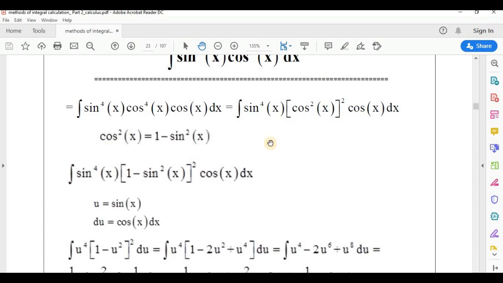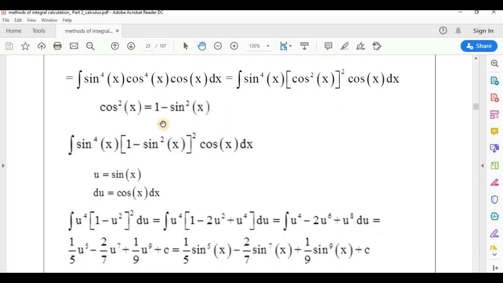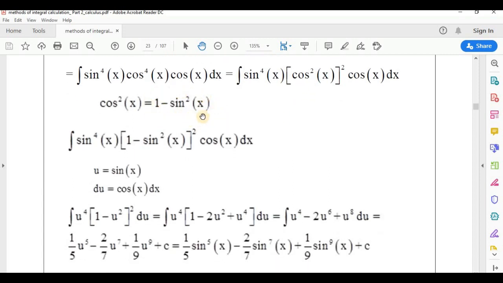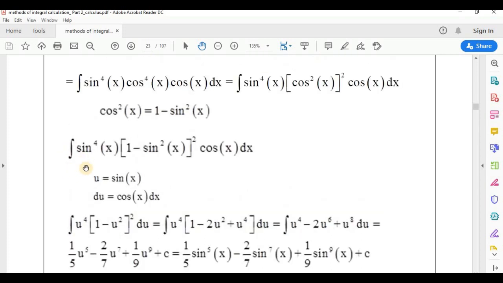From our relationship, cosine squared plus sine squared equals 1, we will get the cosine squared. Then we will substitute this value in the integral. We will get this integral: sine to the power 4 multiplied by (1 minus sine squared) all to the power 2 multiplied by cosine x dx, we will keep it as it is.